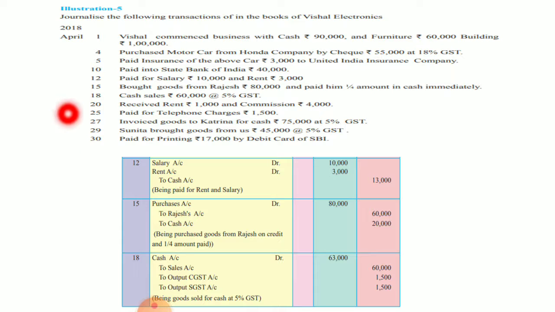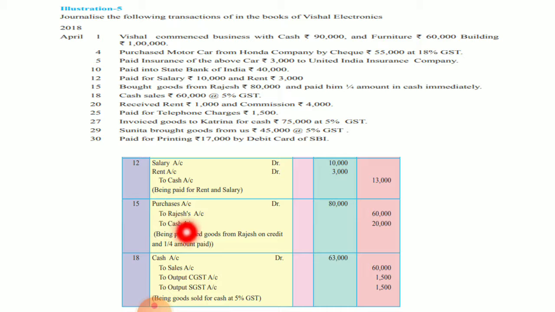Okay, next April 18, cash sales 60,000 at 5% GST. So we have to calculate 5% on 60,000. We get around 1,500 CGST, 1,500 SGST. So how much cash will come in? 60,000 plus 3,000, that is 63,000.